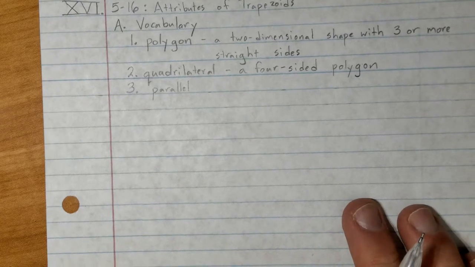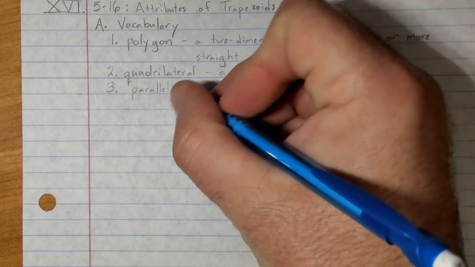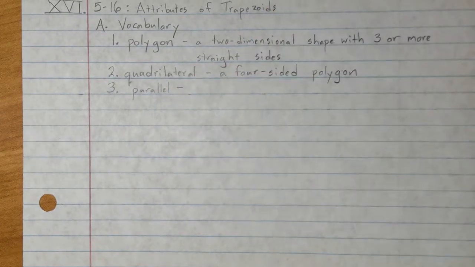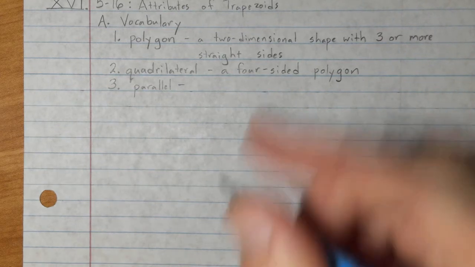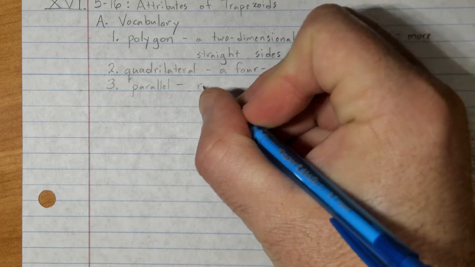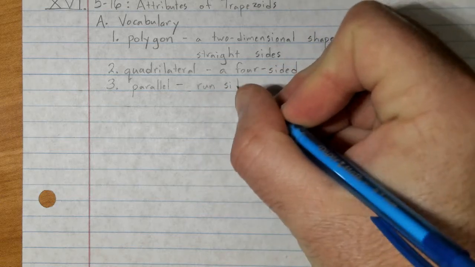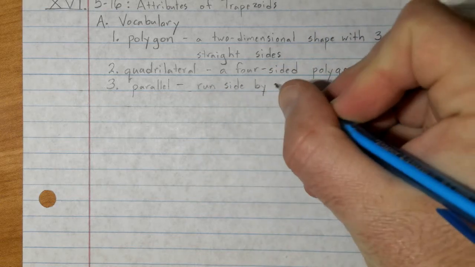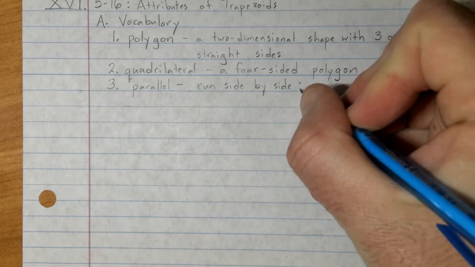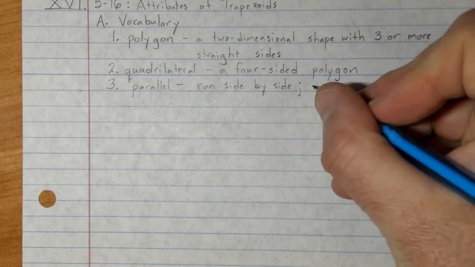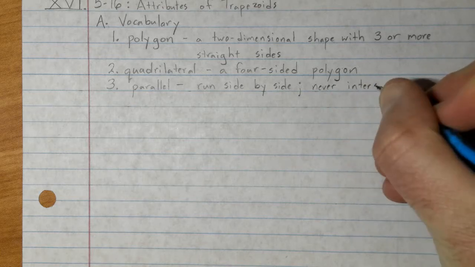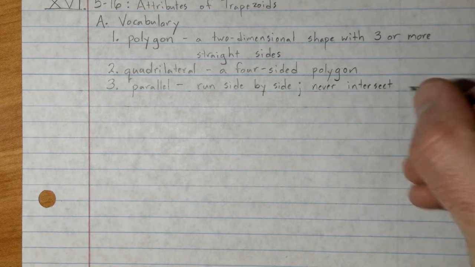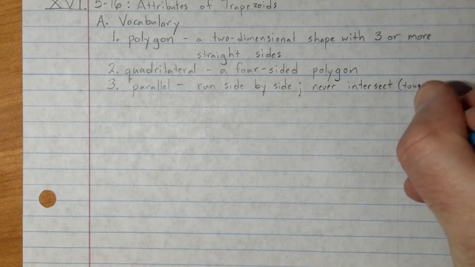Let's just focus on the parallel part, because lines can be parallel, segments can be parallel, sides can be parallel. Parallel just means that they run side by side. They never intersect. They never touch.